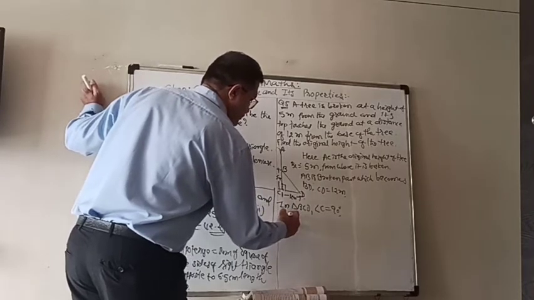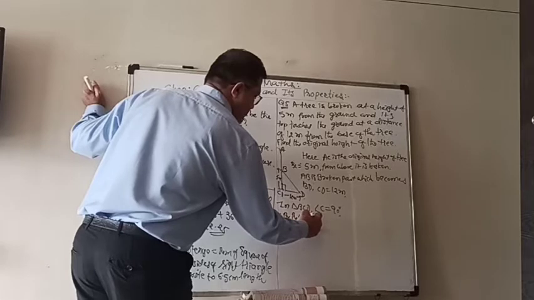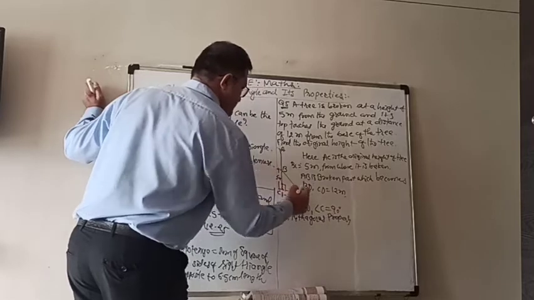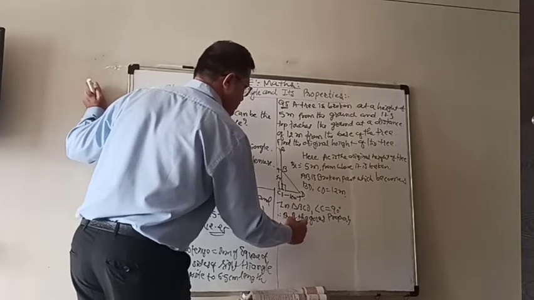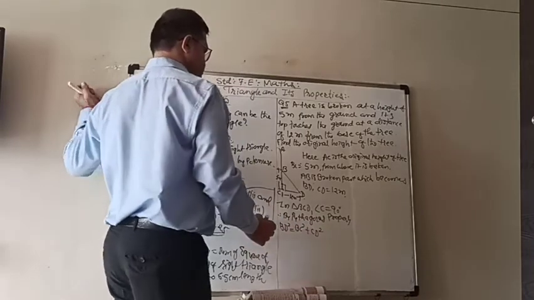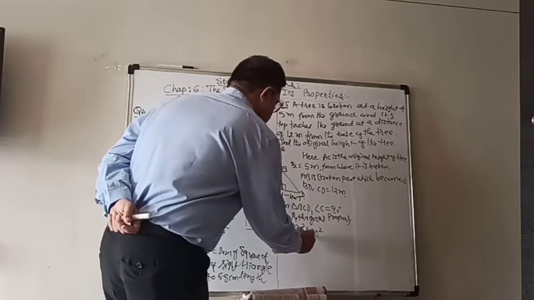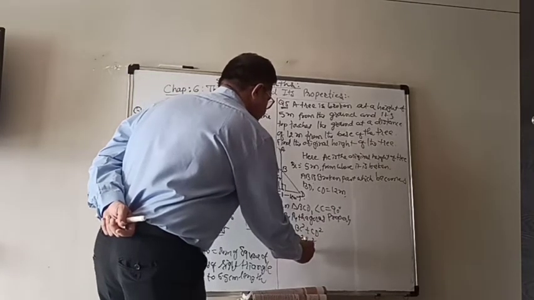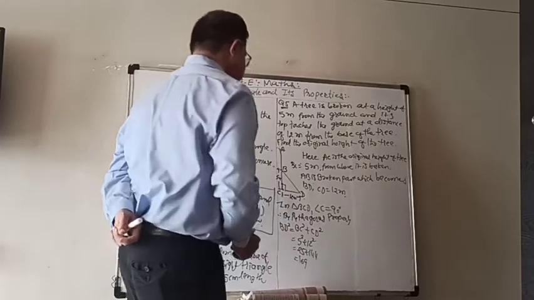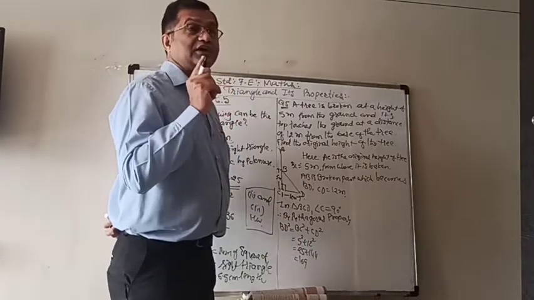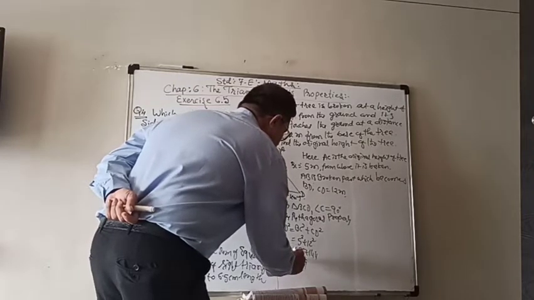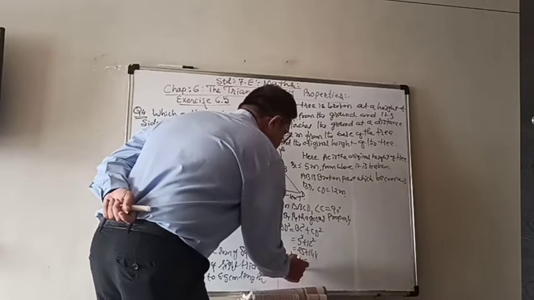So now, by Pythagoras property, BD square is equal to BC square plus CD square, which is 5 square plus 12 square, 25 plus 144, and that is 169, and we know that 169 is the square of 13. So BD square is 169, so BD is 13.